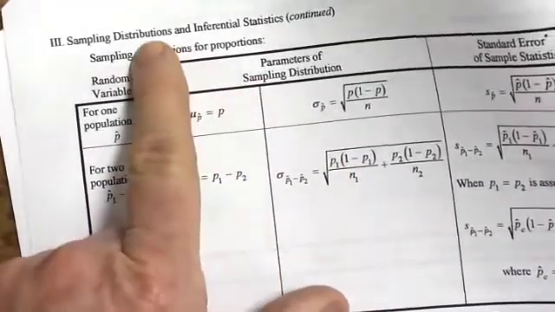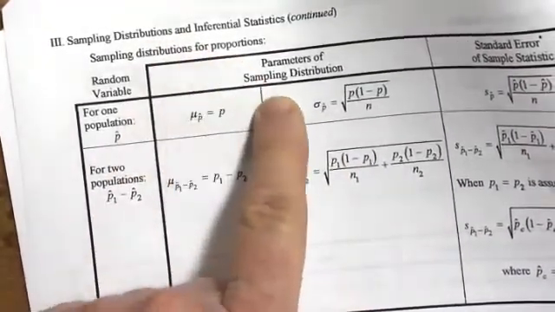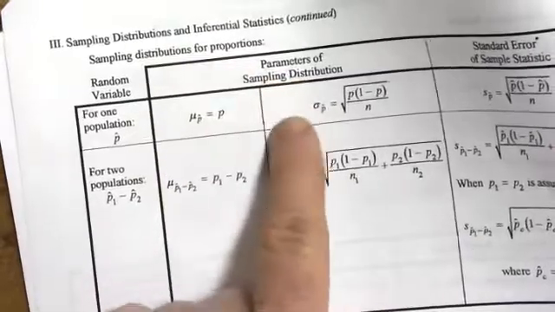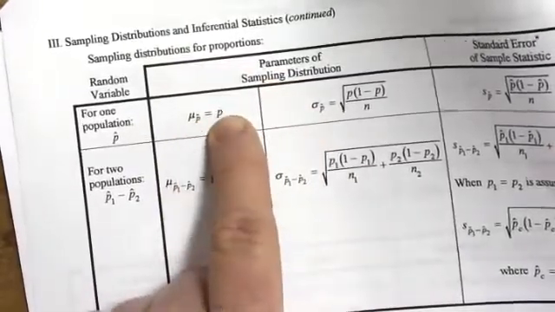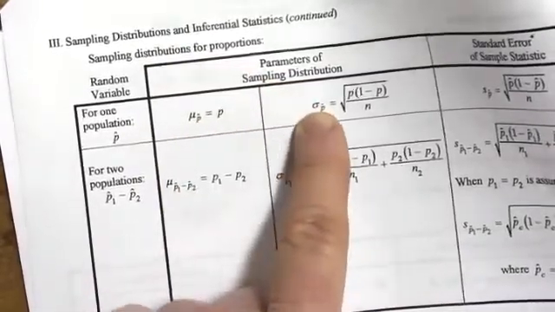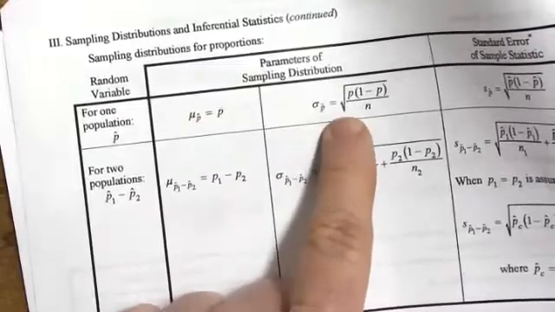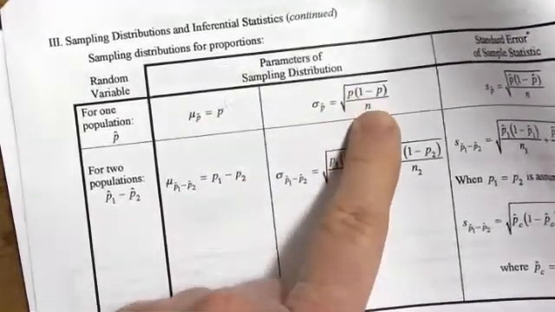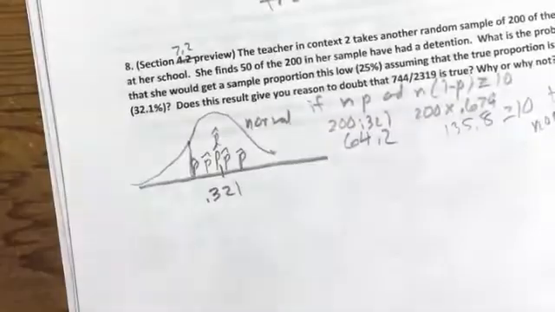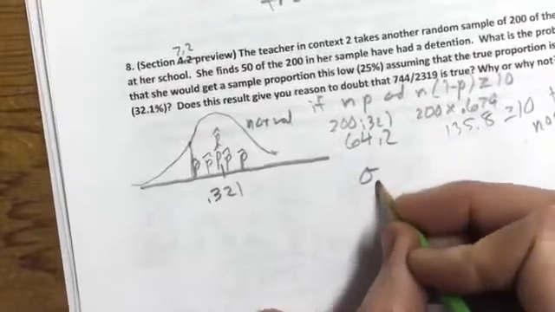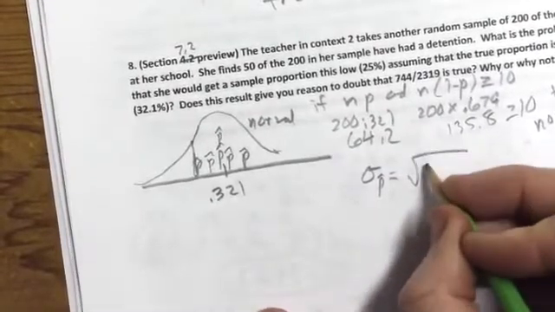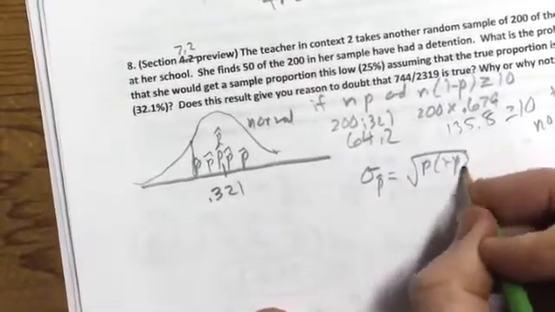Here on the second page of your formula sheet for proportions for the sampling distribution, the mean of the p-hats is equal to p. The standard deviation of the p-hats is equal to the square root of p times 1 minus p over n.